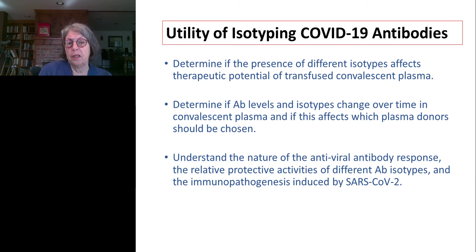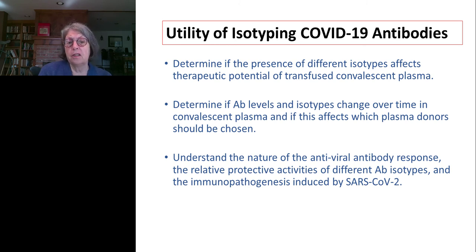And it might be important to determine if the isotypes in this serum or plasma from these individuals, say 6 months after recovery, is different than the plasma that was derived for transfusion from these patients, say 1 month after recovery.